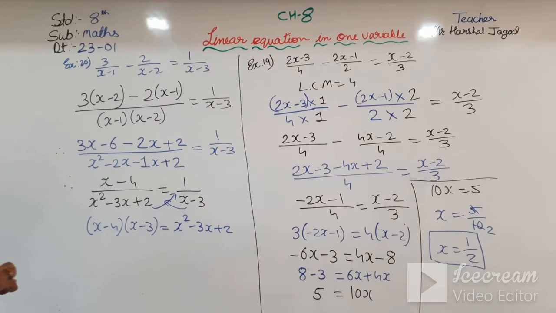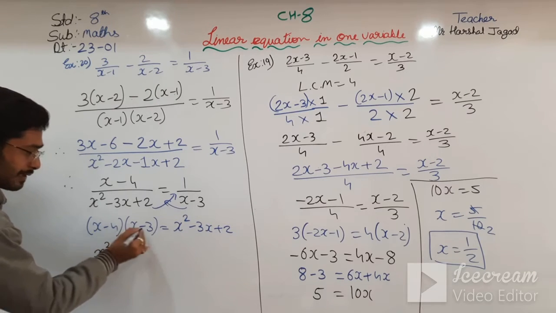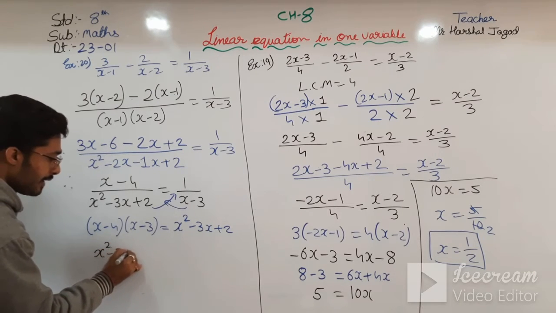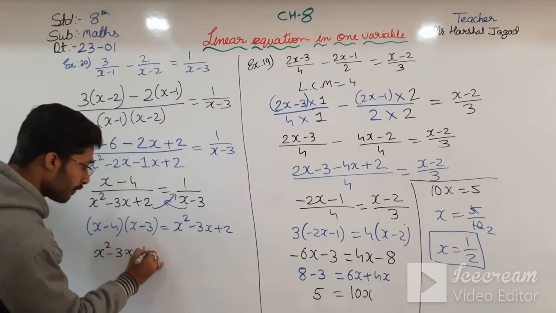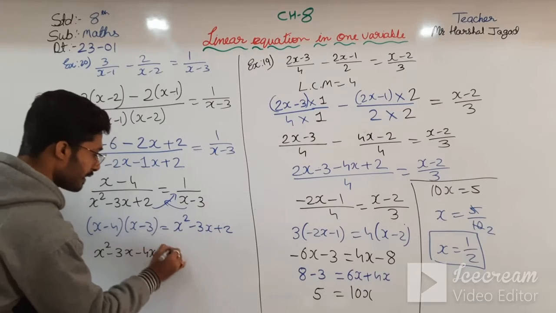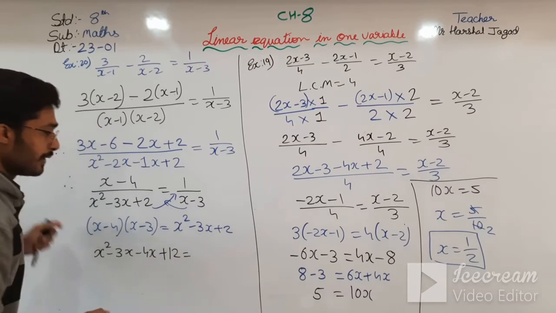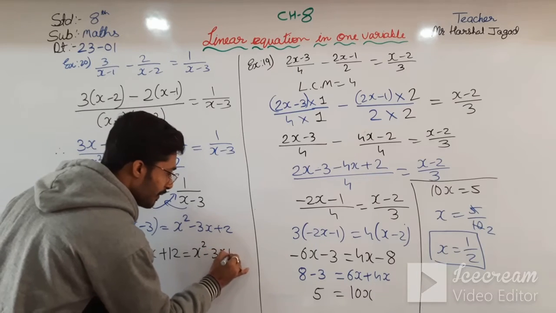Okay, so here x into x, that is x square, x into minus 3, that is minus 3x, then after minus 4 into x, that is minus 4x, minus minus plus 4 3s are 12 is equal to x square minus 3x plus 2.